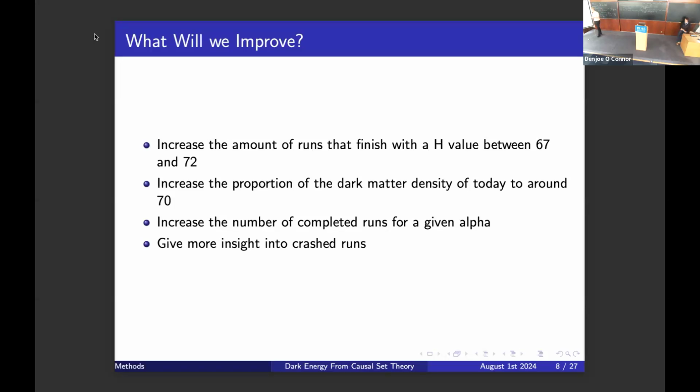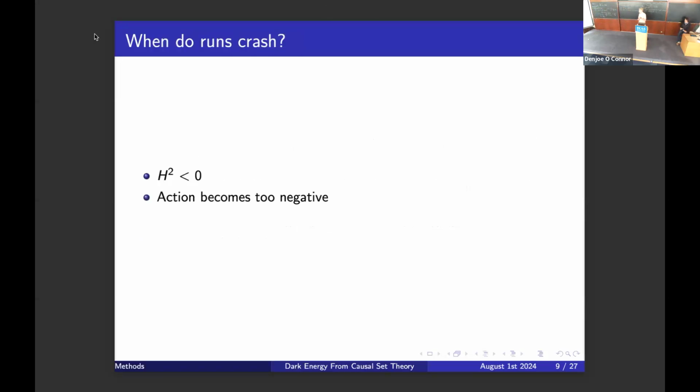And then to get a bit more insight into the crash runs: is there a condition that all crash runs have? Do they look different from complete runs? Is there something similar in the two? That's what I'm thinking. A crash run is whenever H becomes negative, and this stems from your lambda becoming too negative.